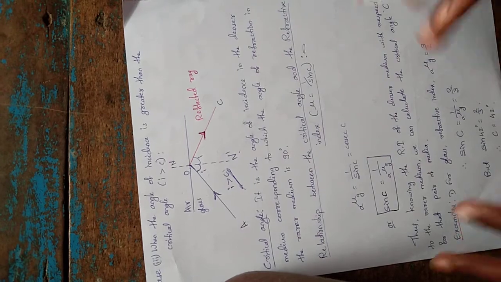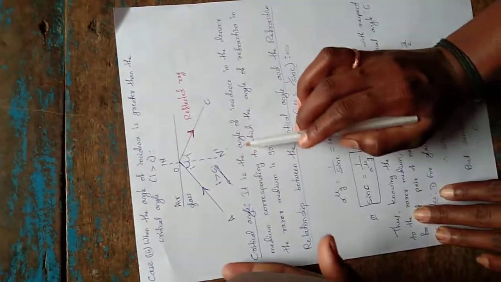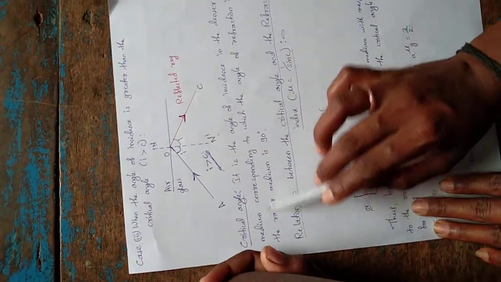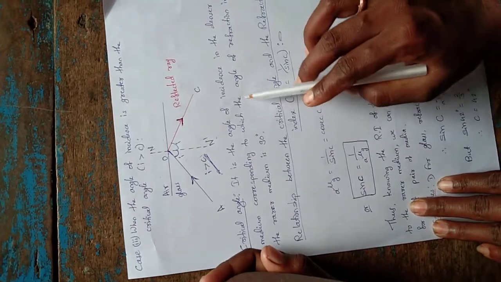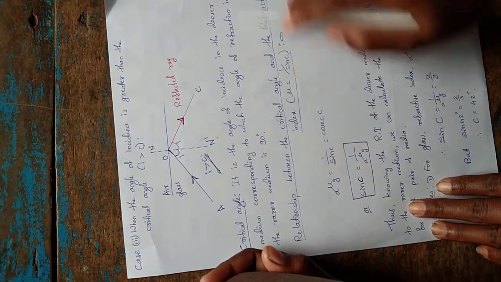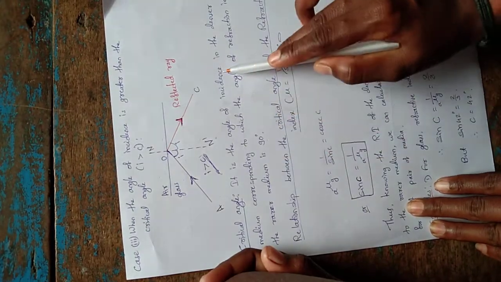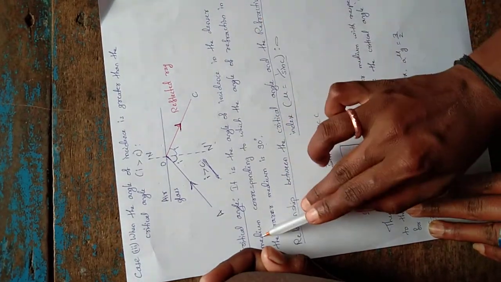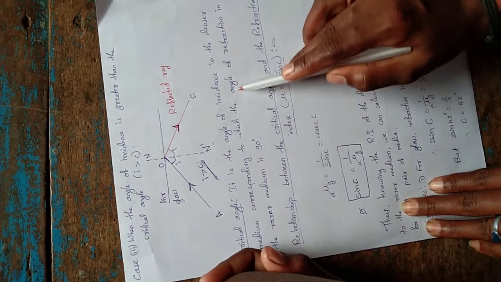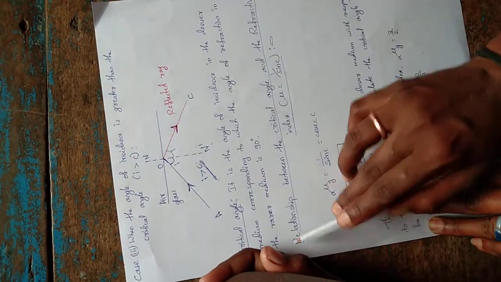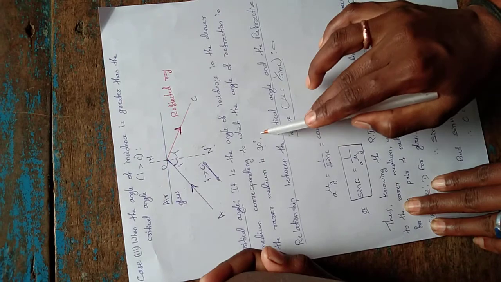Now, what is the critical angle? It is the angle of incidence in the denser medium corresponding to which the angle of refraction in the rarer medium is 90 degrees.